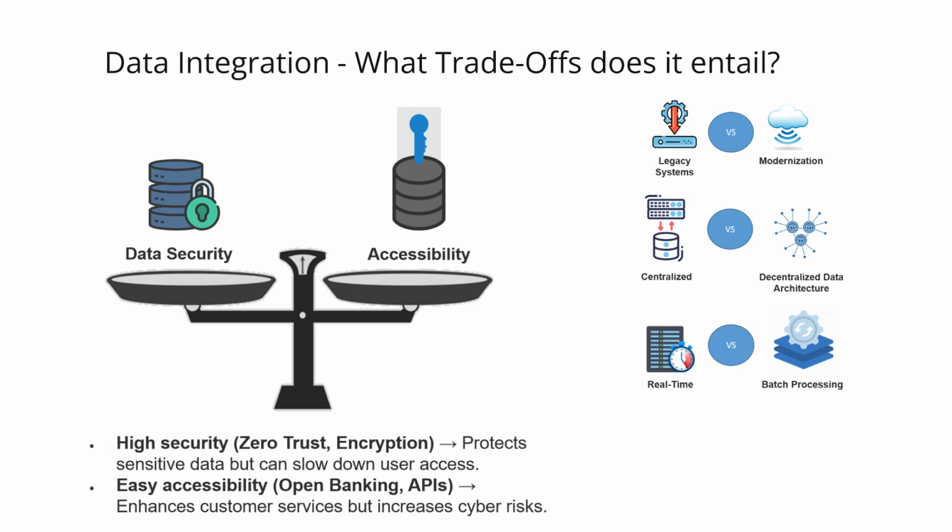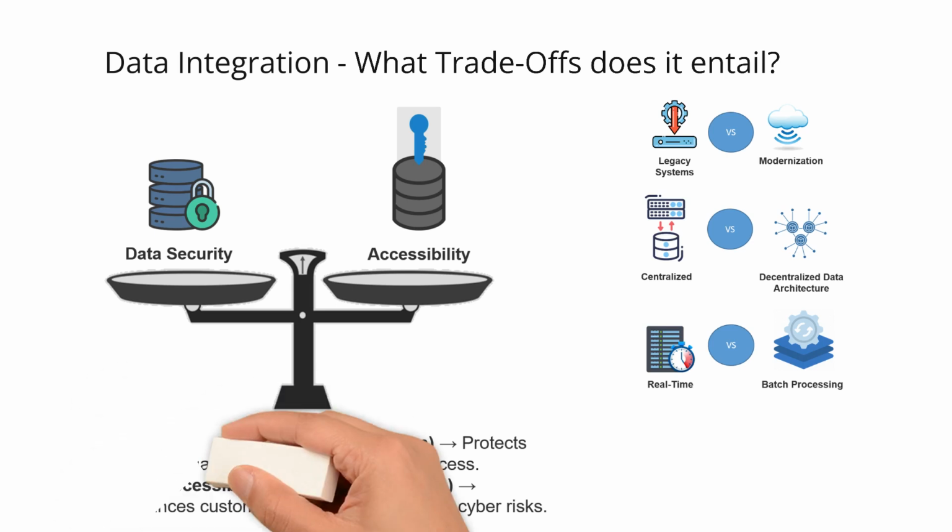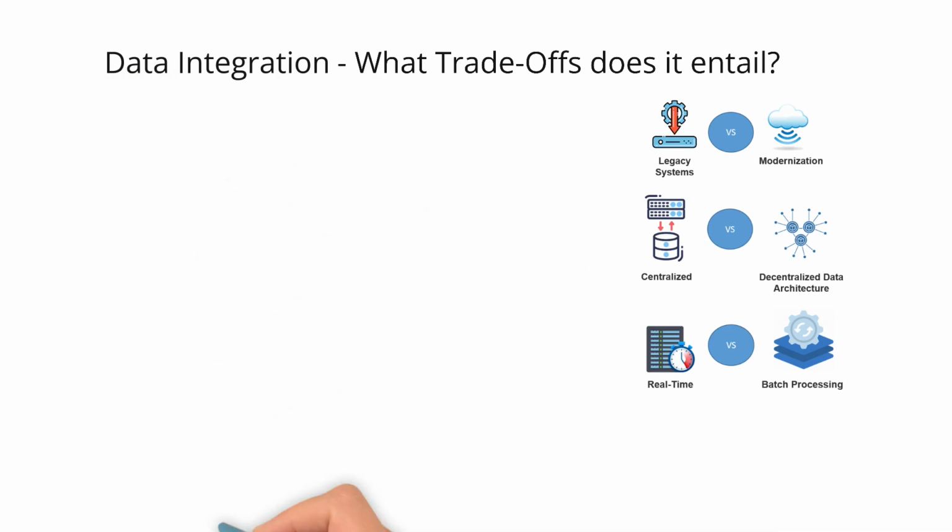Easier access through APIs and open banking tools helps deliver great customer service, but it can open up security risks. What's the balance? Use role-based access controls, secure APIs and encryption to give people access without compromising safety.